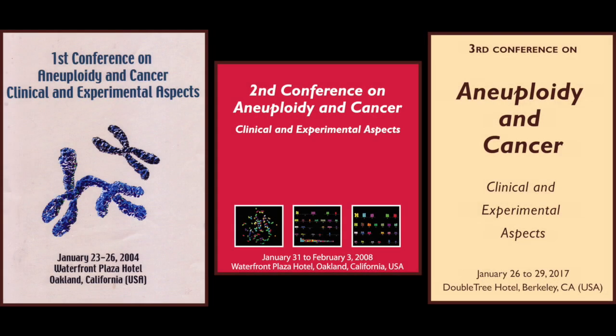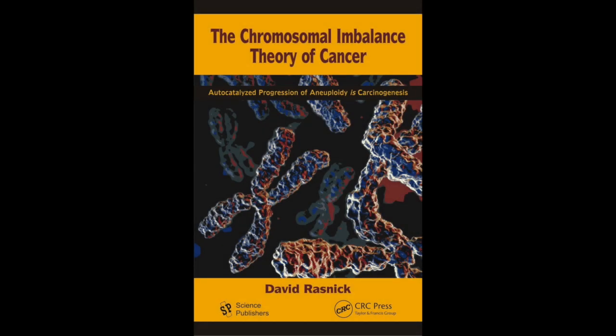We have hosted 3 very successful international conferences on the chromosomal imbalance theory of cancer that included both the clinical and scientific aspects. In part 2 of What Cancer Really Is, I will talk about chromosomal instability. It is the key to understanding cancer. Without chromosomal instability, there is no cancer, no metastasis, and no drug resistance.